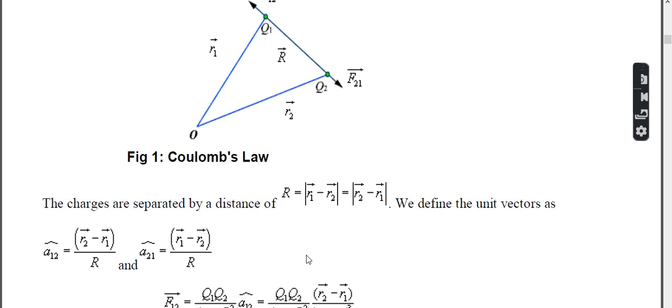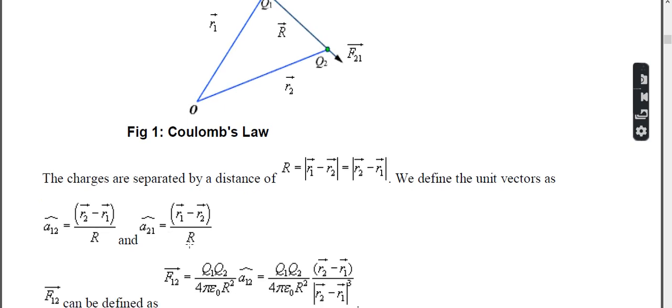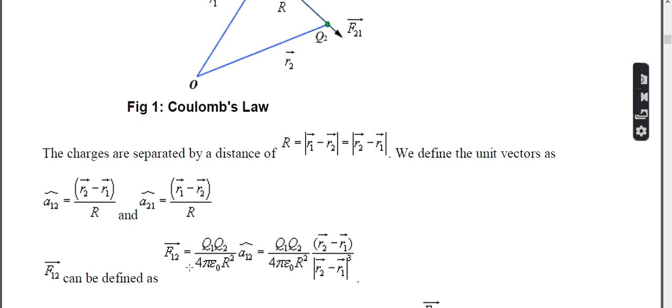The unit vector a12 is given by r2 minus r1 divided by r. So the force acting on this, F12, is Q1 Q2 by 4 pi epsilon r square times this unit vector a12, where a12 is r1 minus r2 by r.